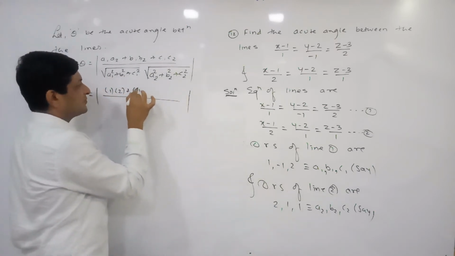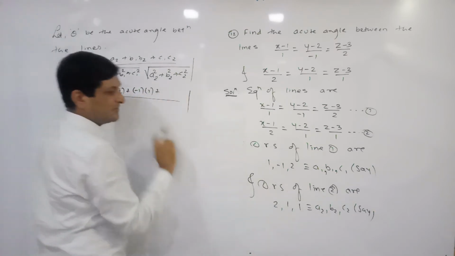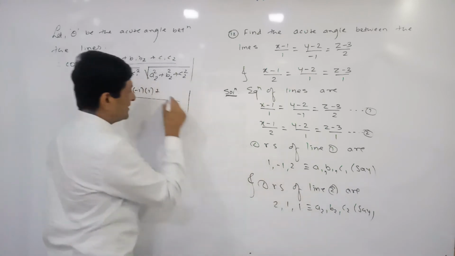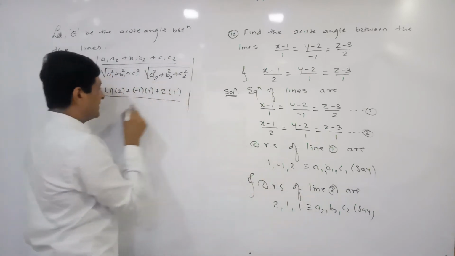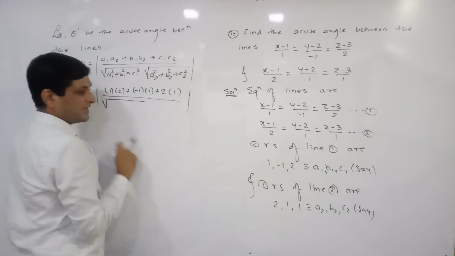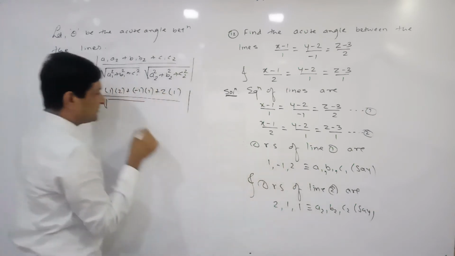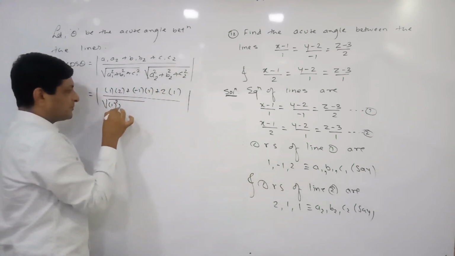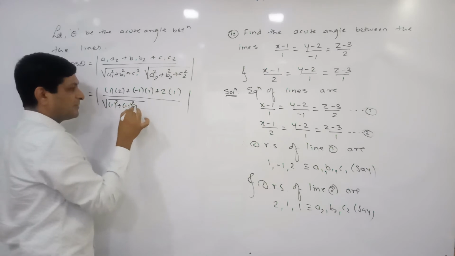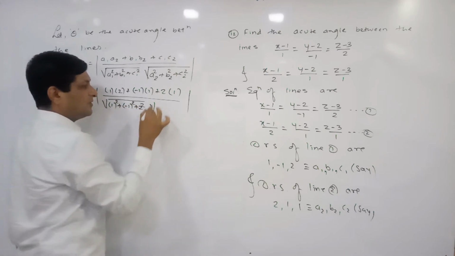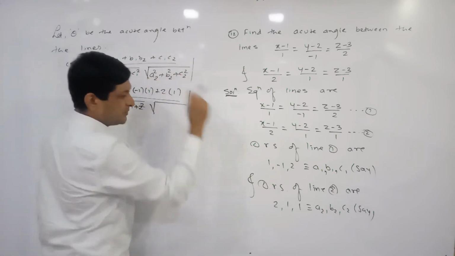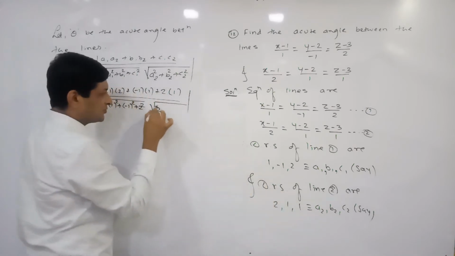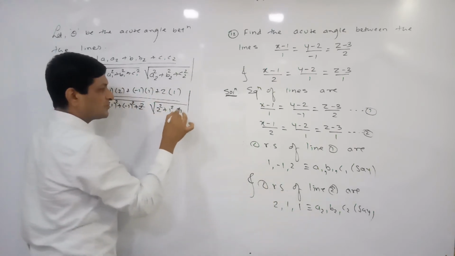So minus 1 into 1 plus C1 C2 means 2 into 1, 2 into 1 divided by under root A1 square plus B1 square plus C1 square means 1 square plus minus 1 square plus 2 square into under root now A2 square plus B2 square plus C2 square means 2 square plus 1 square plus 1 square.